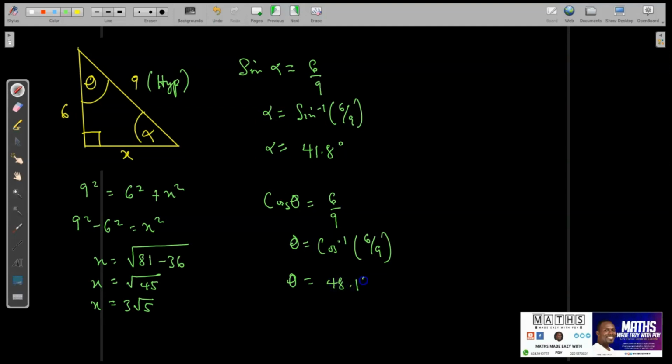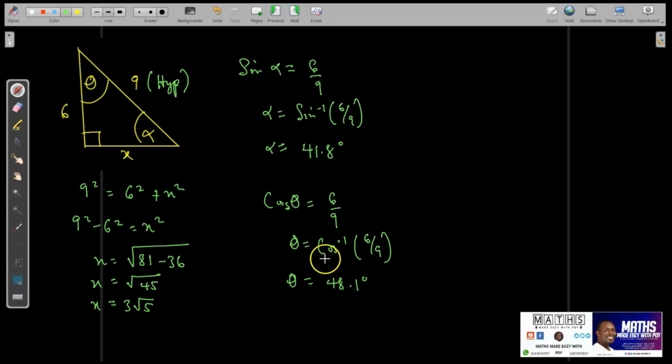Are you sure? Please confirm the answer. It will be 48.189. I don't know how many decimal places you round it to, but you can just leave it as that.